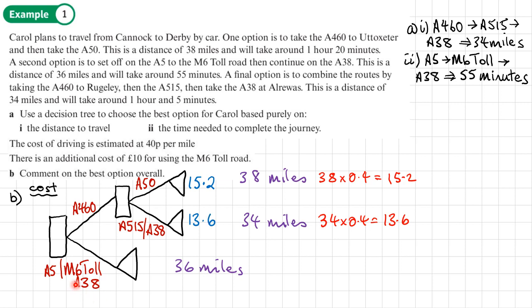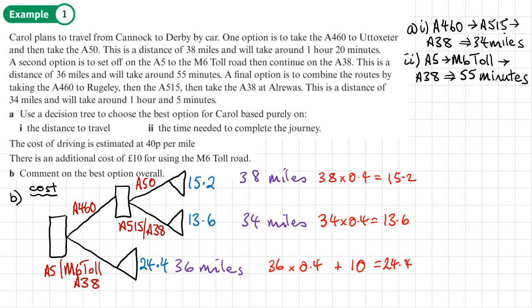And then for the lower route down here, well, I've got the 36 miles times by the 40 pence, but because I'm taking this M6 toll road here, there's an extra £10 charge which needs to be added on. So let's work out what that payoff is, and it comes to a total of 24.4, £24.40. So that's a payoff of 24.4.